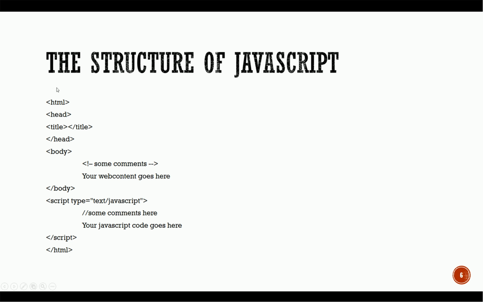Before that, we need to have the doctype, which is HTML, to indicate this is an HTML document. In the head part, we must have the title. I need to give some title here, but the head tag should not contain more than that. It can also contain metadata or a link to external files, but no more than that. Every other HTML element should stay within the body tags.